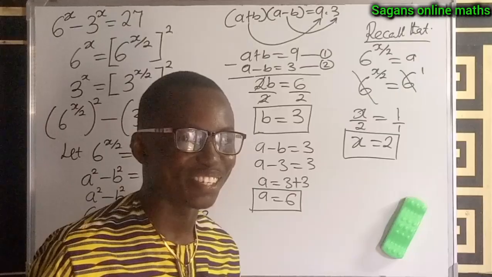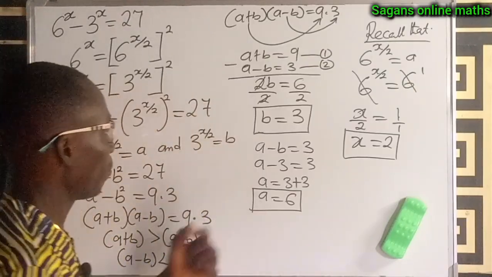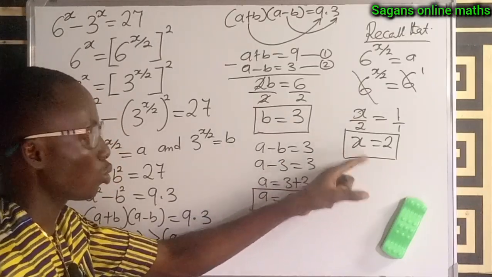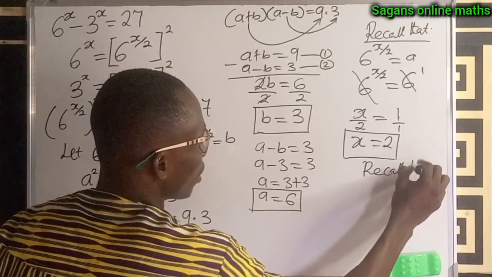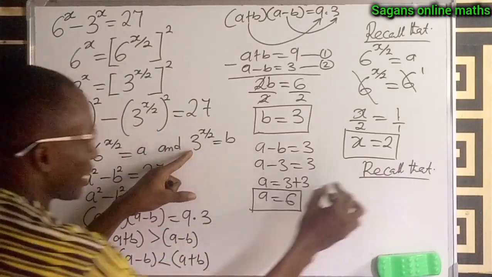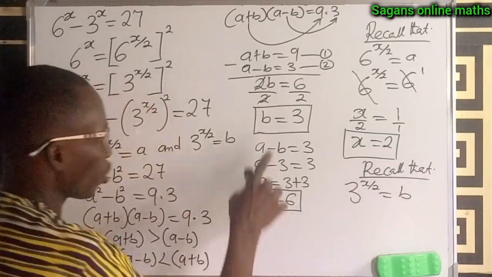Wow, this is pocket-genius. Now let's see when b is equal to 3, because we must also have the value of x as x equals 2. Now let's also recall that from here, 3 to the power of x divided by 2 is equal to b. And we know that our b is 3.